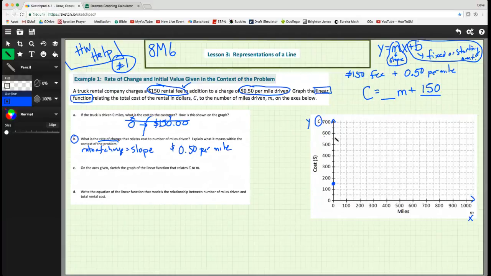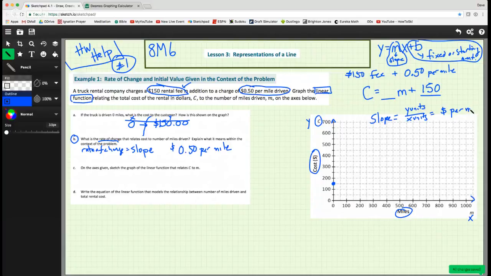Let's recall what else we've learned. The slope in this graph is going to be our Y units, and we've learned this prior. It's always your Y units over your X units. So your slope is going to be represented in dollars per mile. Your Y units is dollars, and your X unit is miles.